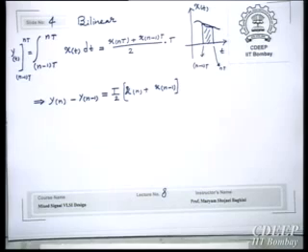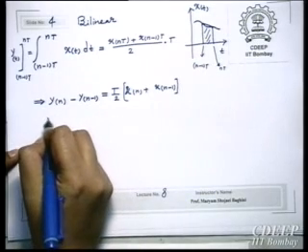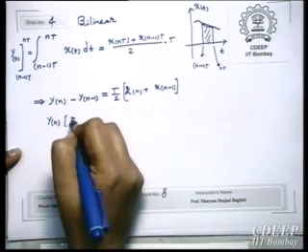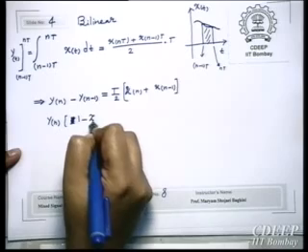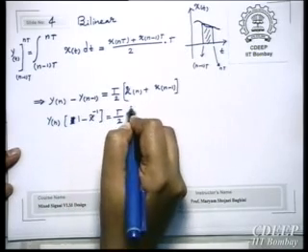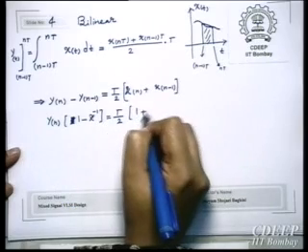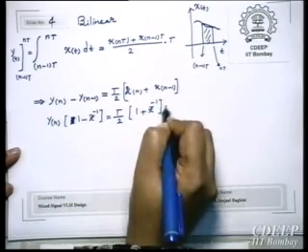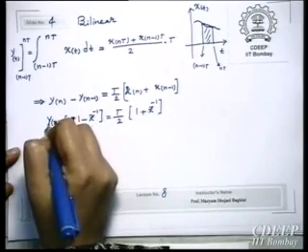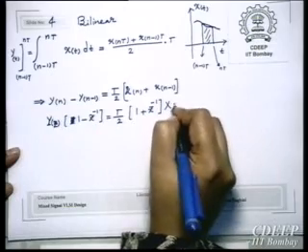Now we take the z transform. Therefore Y(z) times (1 minus z inverse) will be T upon 2 times (1 plus z inverse) times X(z).